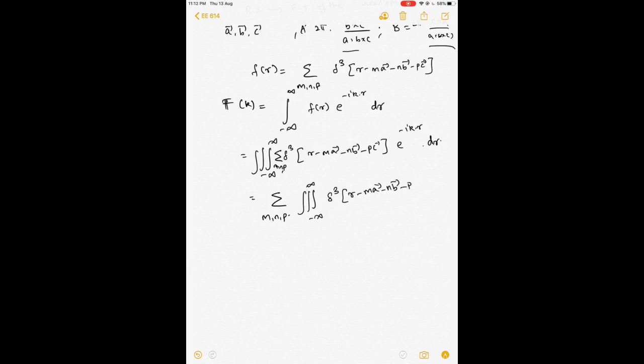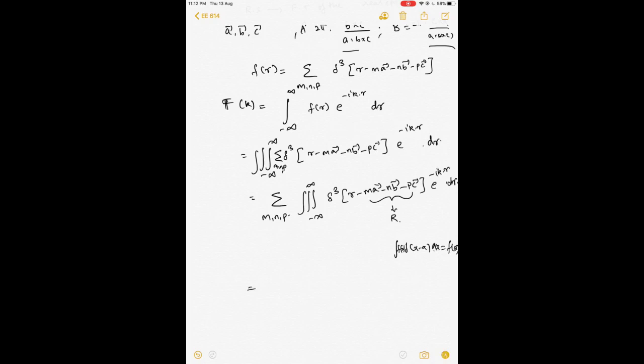nb minus pc e power minus I k dot r dr, right? And this is what we defined as capital R in the previous place, you remember, right? And an integration of delta of x minus a dx is f of a, right?